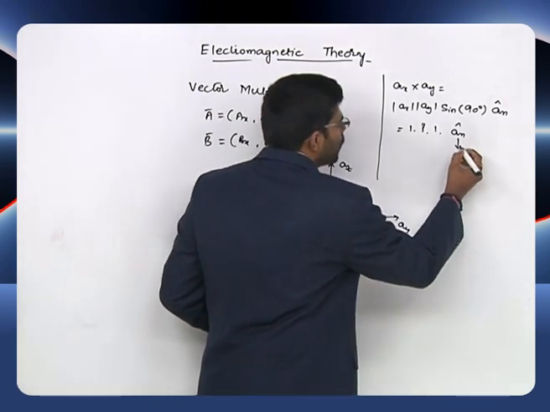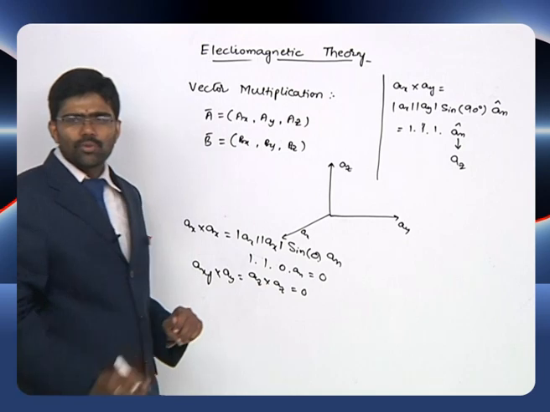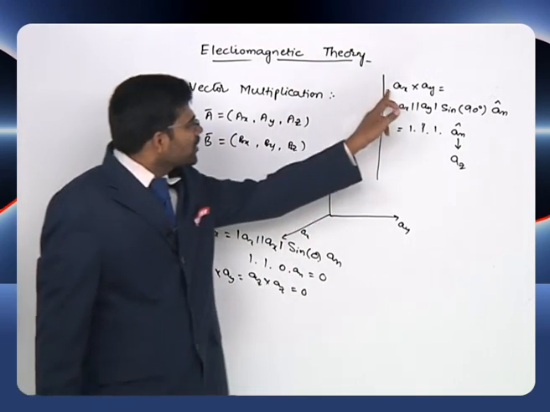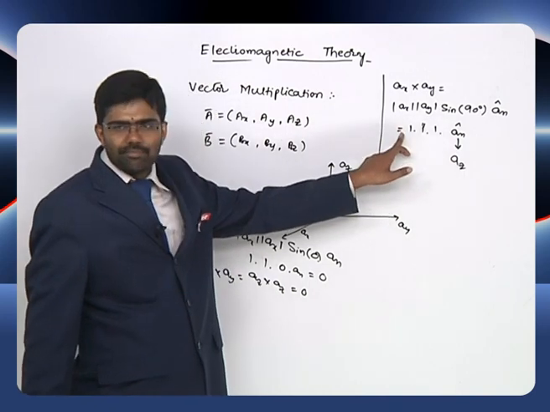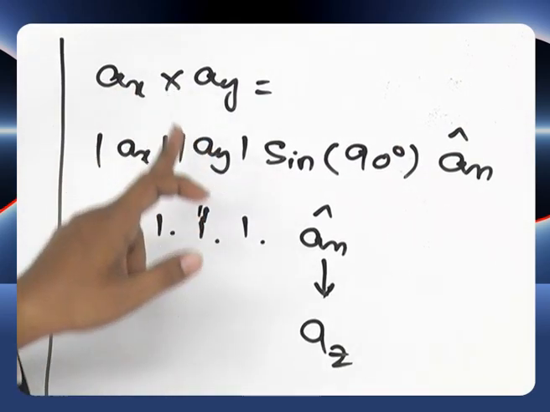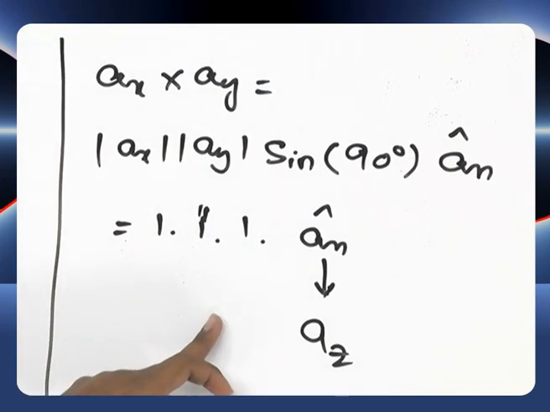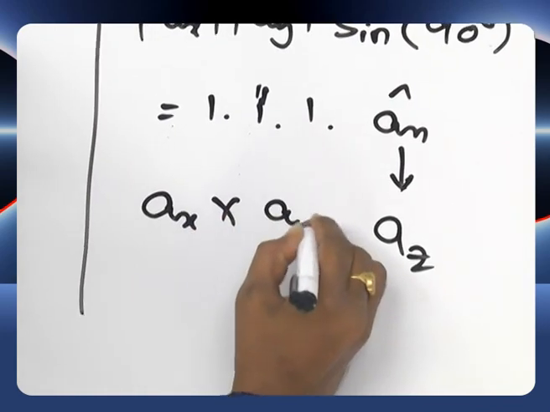So the normal unit vector we are considering is Az. So Ax cross Ay always gives another unit vector, with unit magnitude, which is perpendicular to both x and y and satisfies the right handed thumb rule. So Ax cross Ay is equal to Az.